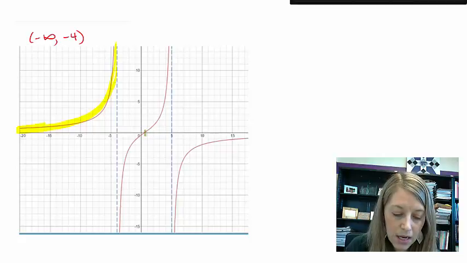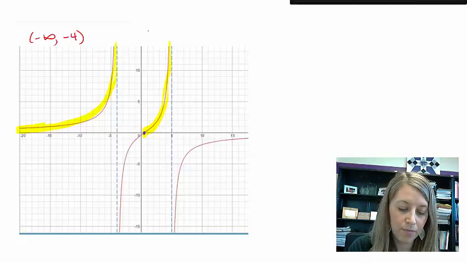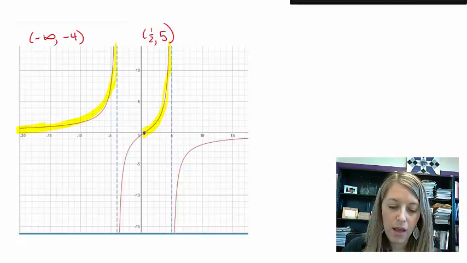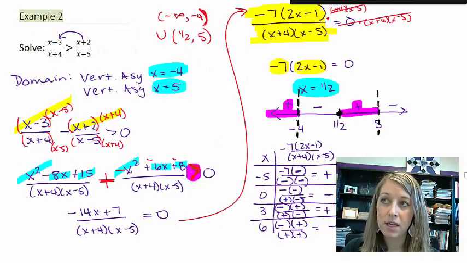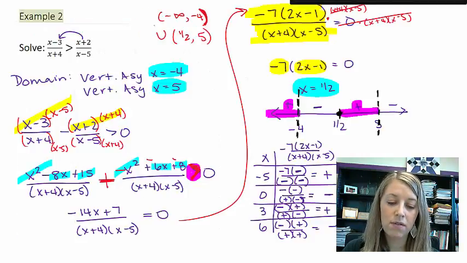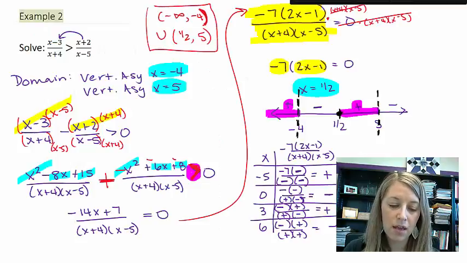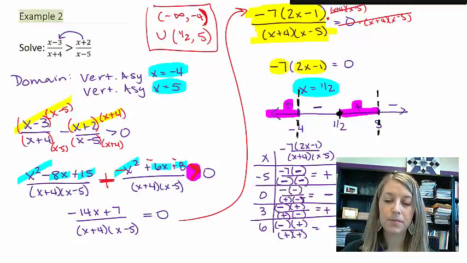And then I also see it is above my x-axis from here. That starts at my intercept, which was 1/2, all the way up to this vertical asymptote, which is 5. And so this would be my answer, and of course that is the answer that I had here. Negative infinity to negative 4, and then 1/2 till 5.